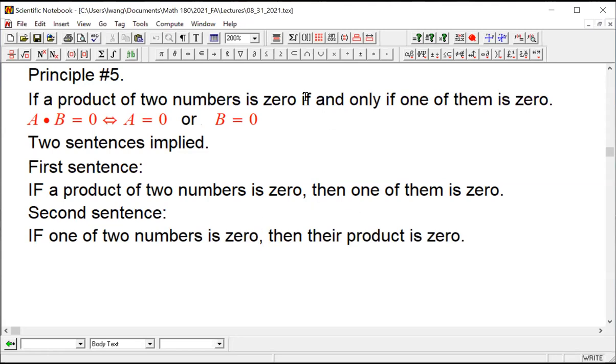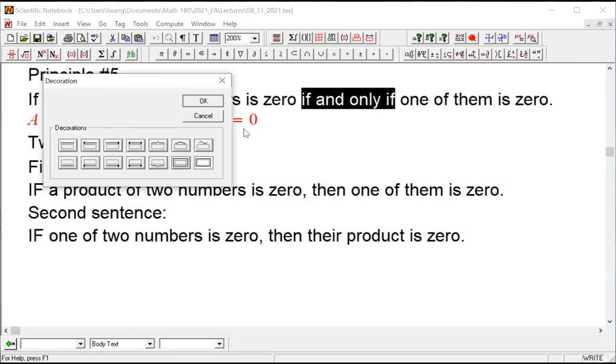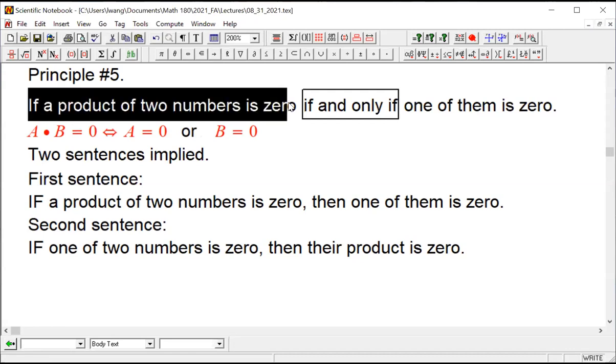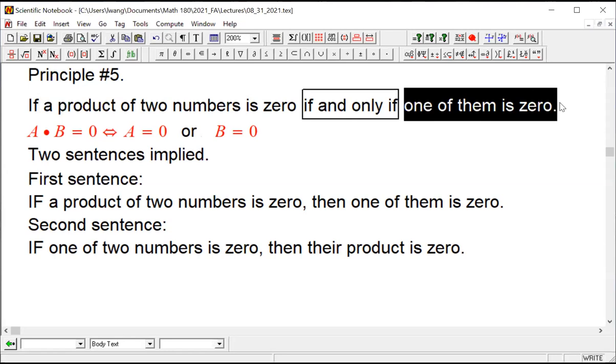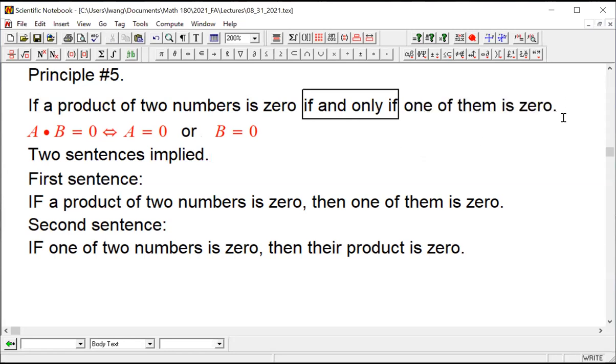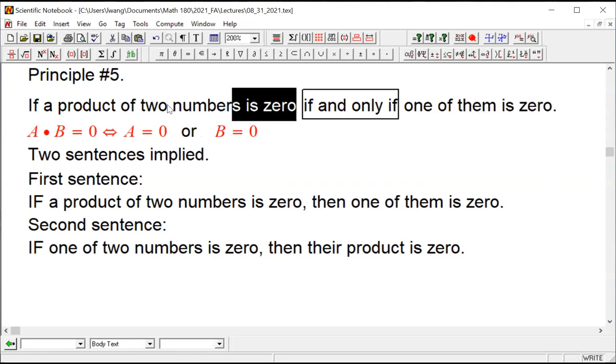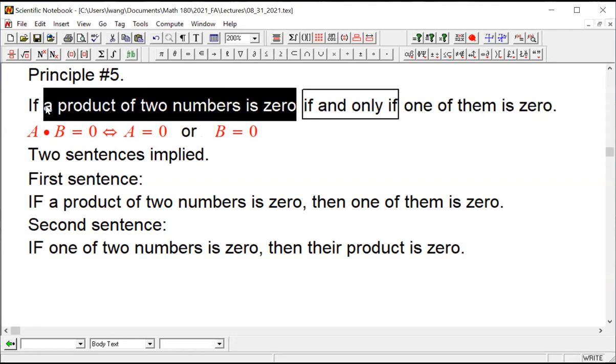That's what "if and only if" means. If this side is a condition, that will be the conclusion. You follow me? Vice versa. If the other side becomes a condition, then the first side becomes the conclusion.